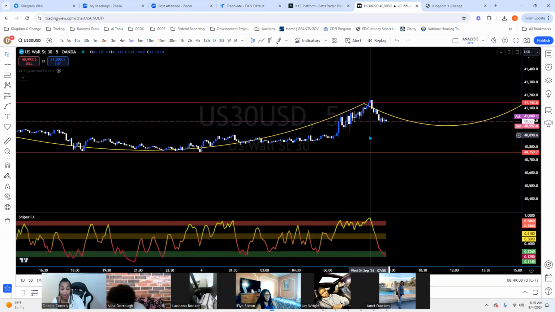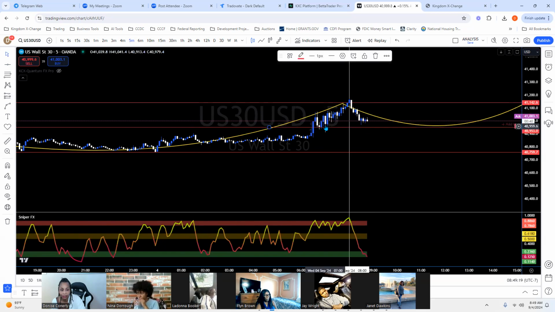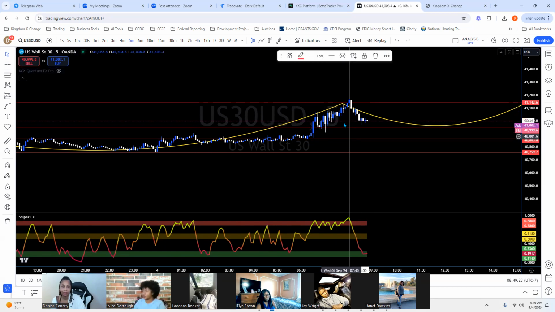Do you see any areas of resistance or previous double tops, double bottoms that it could go to? If we look here, we see this is an area here. And then the next one would be around here. So these are ways that you can go in and say, okay, I'm going to wait and see, does it cross these areas? And remember, this area right here is right at that 50% point.